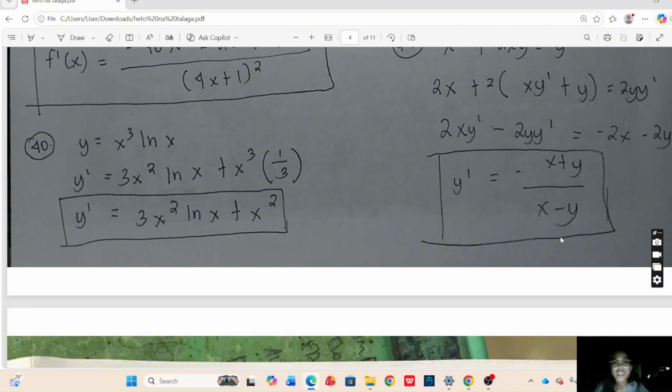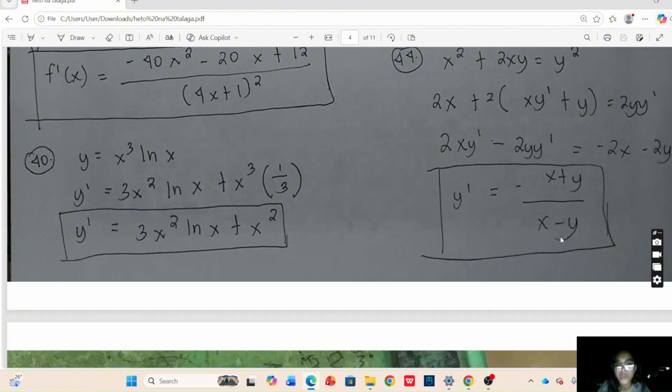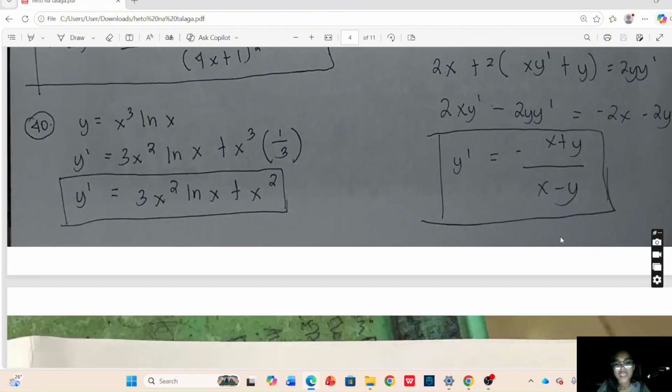So in the conclusion of this part 1, differentiation is one of the most important topics in calculus because it helps determine the rate of change of a function. Throughout these problems that I've shown you, we used different differentiation techniques such as the power rule, the product rule, the quotient rule, the chain rule, and the logarithmic.